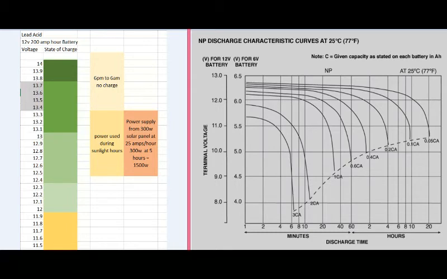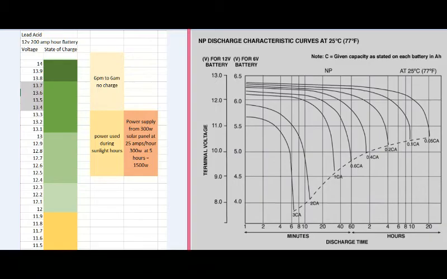So this is all what you should consider when designing your system, especially your battery, that you have the capacity to maximize the efficiency to the point where you're not cycling the battery but a very small percentage of the capacity of the battery.